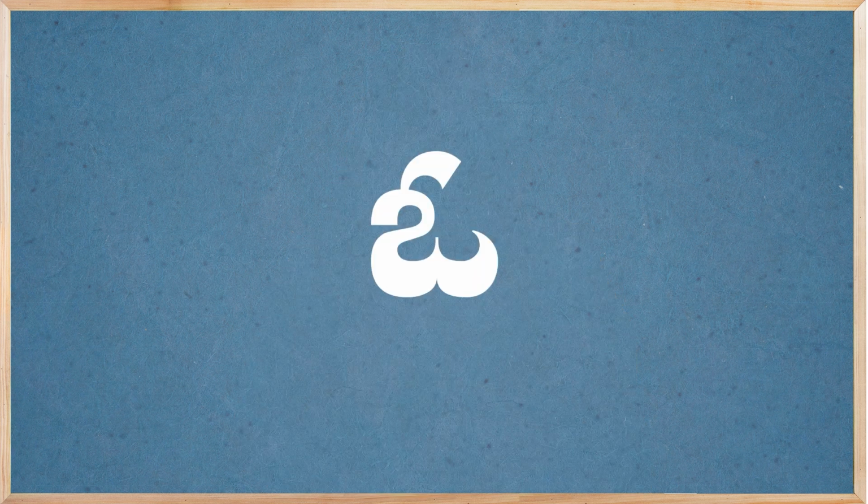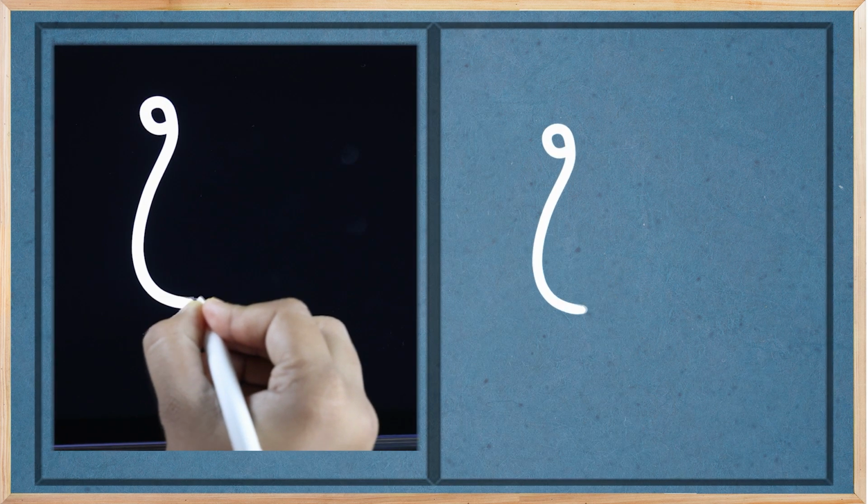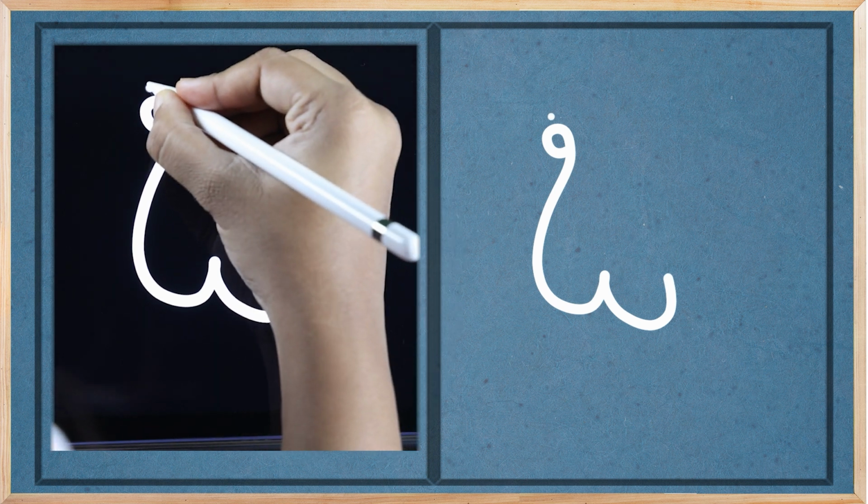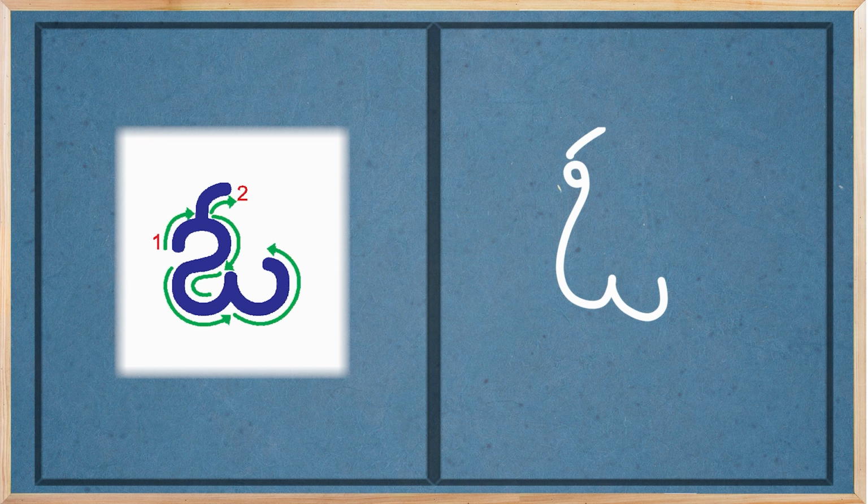Next, O. To write this letter, first write O and on the left side top, put a line as shown by the arrows to get the letter O. It is written in 2 strokes.